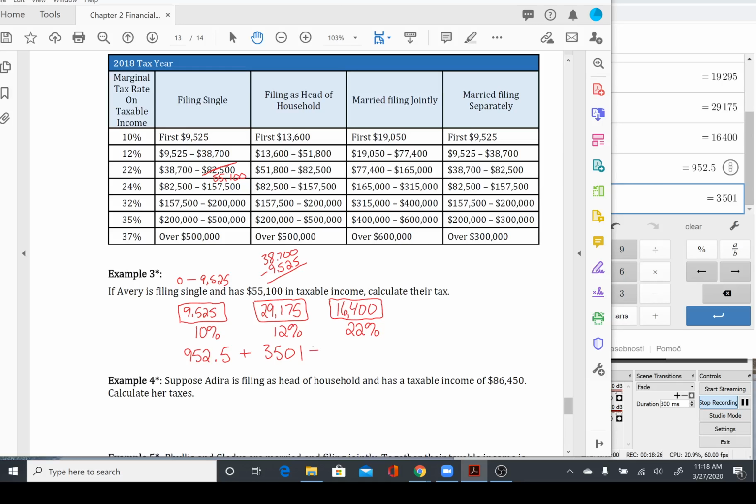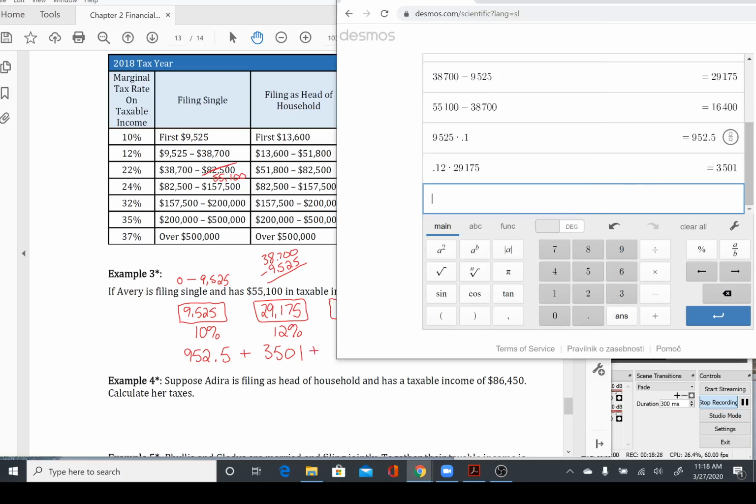And then lastly, we'll figure out 22% of the $16,400.